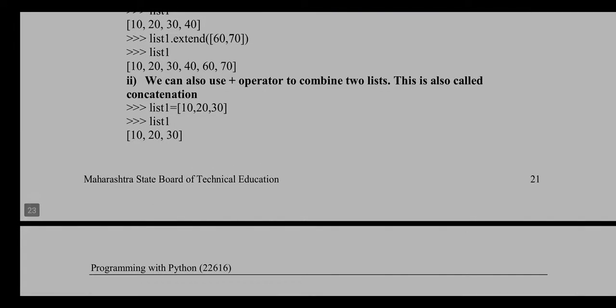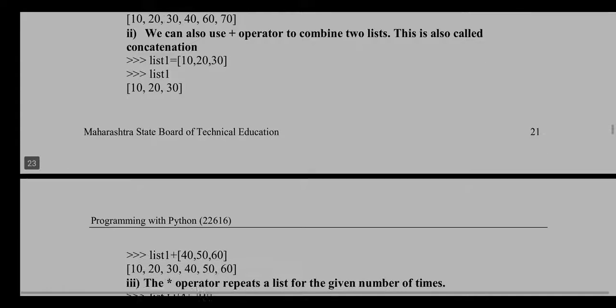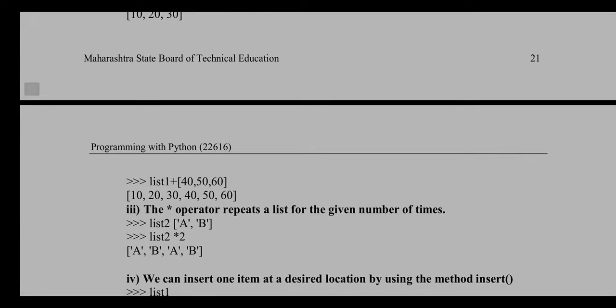Okay, we can use the plus operator to combine two lists. So we can specify the two lists over here, and we can combine the second list with the first list. So it shows like this.